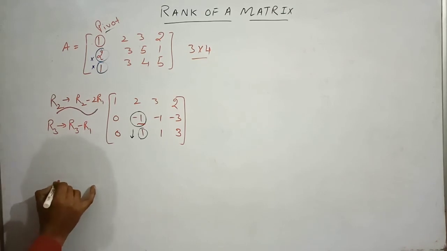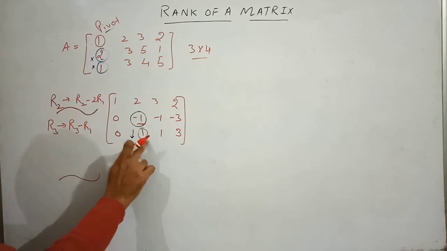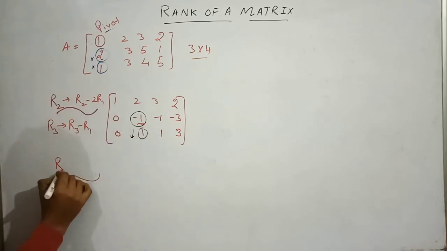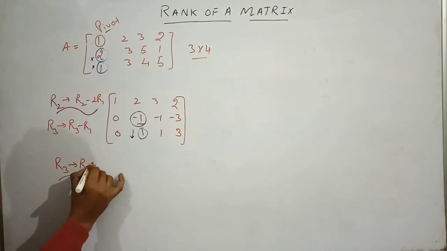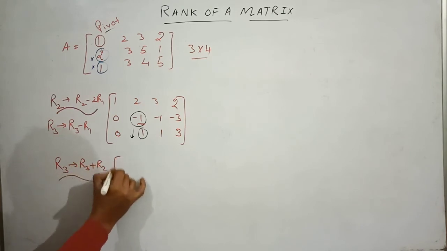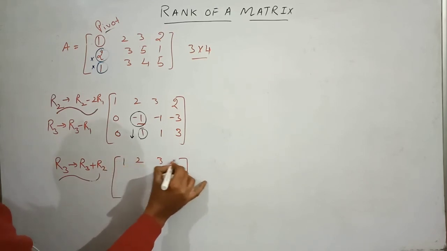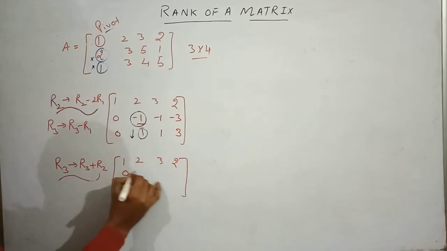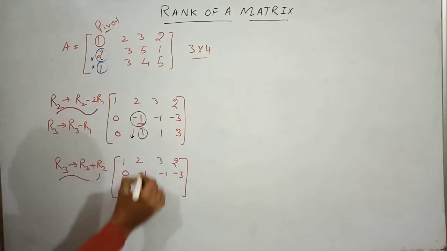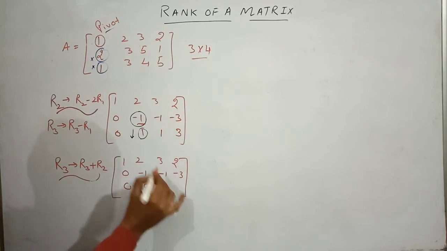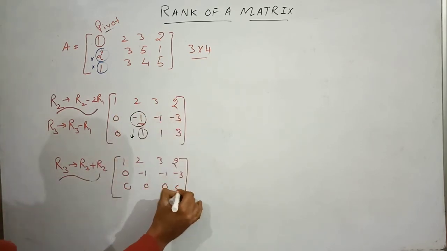So again applying a row operation on this row, R3 plus R2. We get 1, 2, 3, 2, then 0, minus 1, minus 1, minus 3, then 0, 1 plus minus 1, 0, 1 plus minus 1, 0, 3 minus 3, 0.